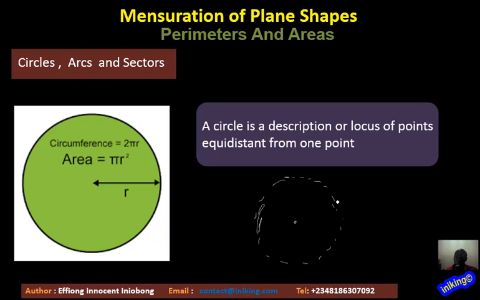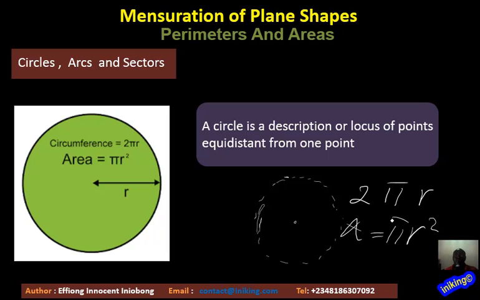Likewise, the circumference of a circle represents the entire boundary length of a circle and is always calculated as 2 pi r, 2 pi times the radius, and the area of a circle is popularly given as pi r square.